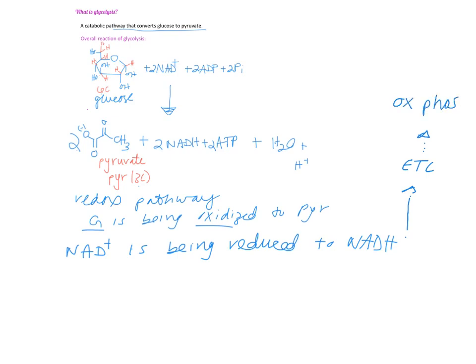That was one of the ways that we can make ATP. But we also get, during glycolysis, 2 ATPs via substrate level phosphorylation.